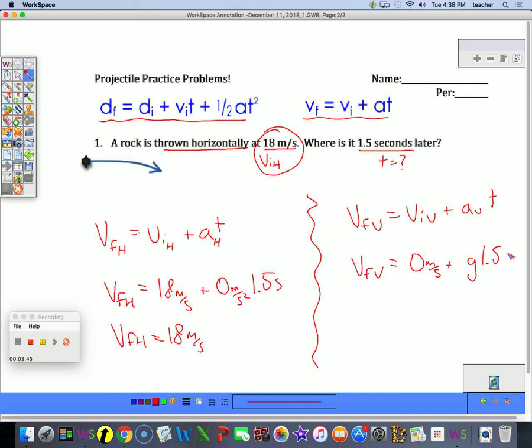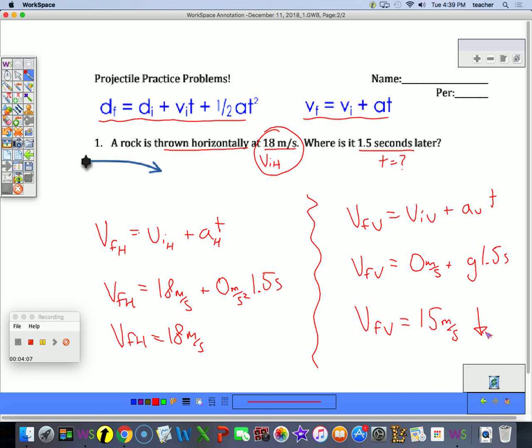So you'll notice that equation allows us to decide how fast something is moving, but I dealt with horizontal motion and vertical motion entirely separate from each other. Now, the question doesn't ask for that. The question asks for where it is. So let's try using the position equation and do the same thing. I'm going to grab a fresh page and continue.